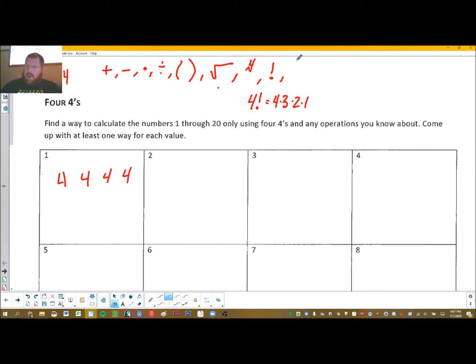The last one that I brought up in class is, it looks like the parallel symbol from geometry. And what that means in math terms, it's called concatenation. And what it means is if I look at this symbol 4, that would equal 44.